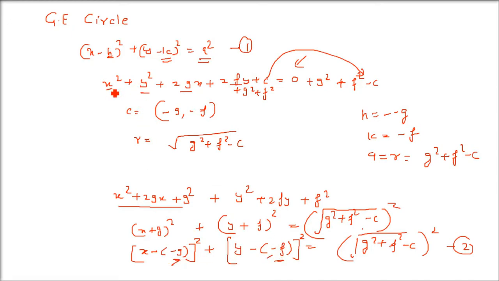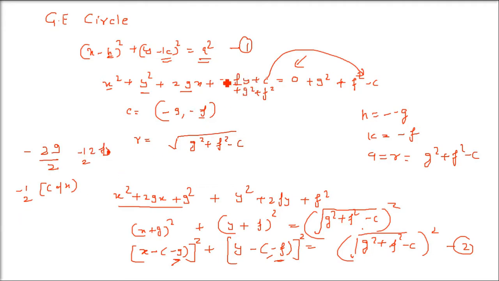The center will be (minus g, minus f), or you can say the center will be minus half coefficient of x. Take the coefficient of x in this equation and multiply it by minus half. So just multiply 2g by minus half and you get minus g here.